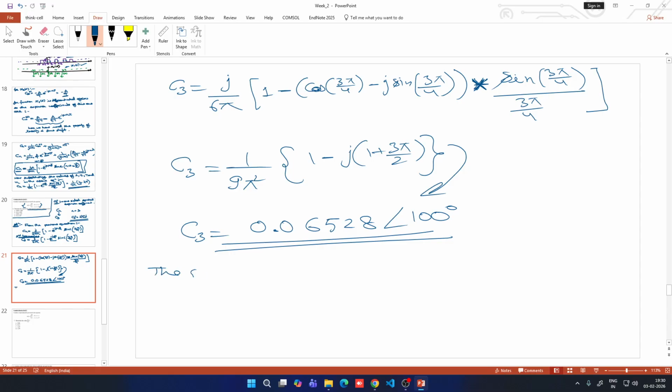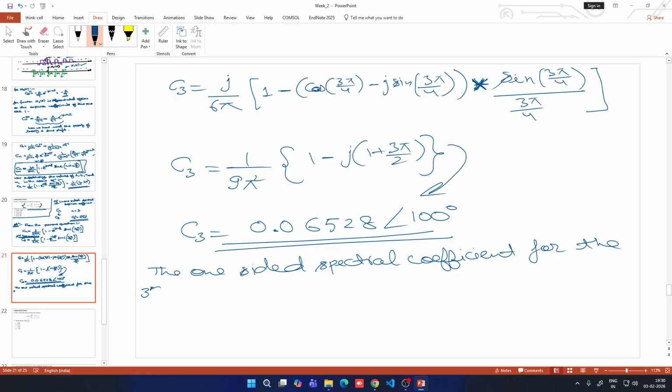So the one-sided spectral coefficient. I hope you are also solving along with me. If you face any problem, just let me know. The coefficient for the third harmonic will be given by C3 plus, which is 2 times C3 and angle of C3.